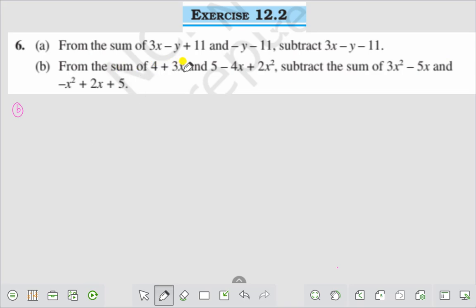From the sum of, that means you have to add this term with this expression and subtract the sum of this and this expression, right?